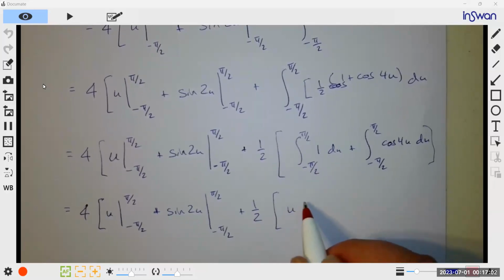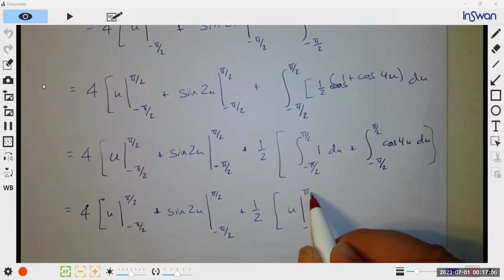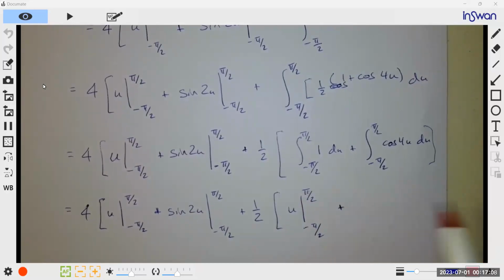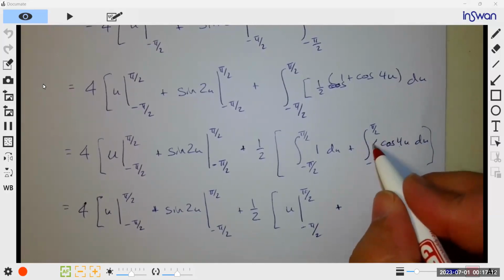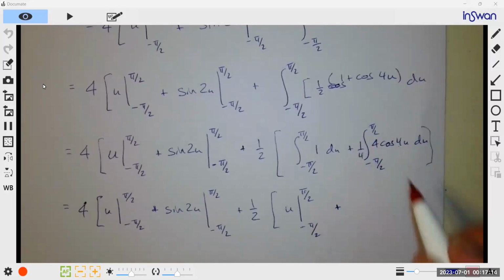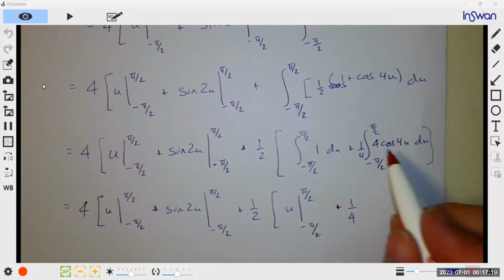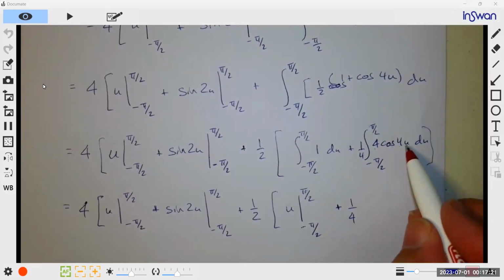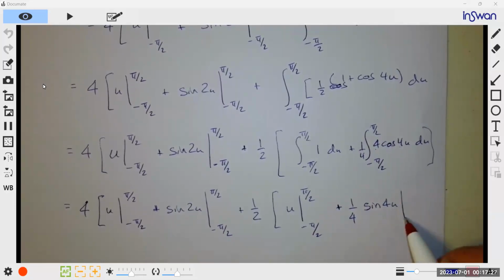So this one is u. So the integral of this one, I need to have a 4 in front. If I have a 4 there, I need a 1/2 in front. So the integral of 4 cosine 4u is sine 4u.